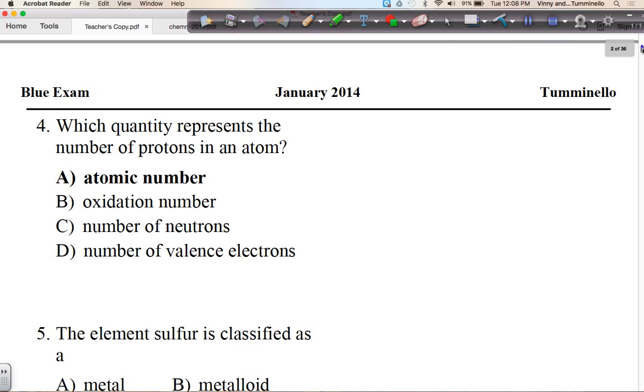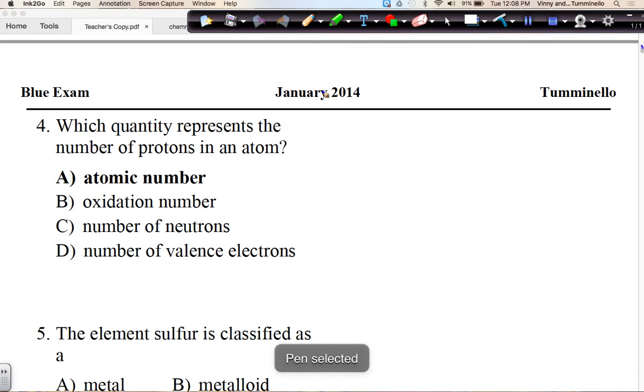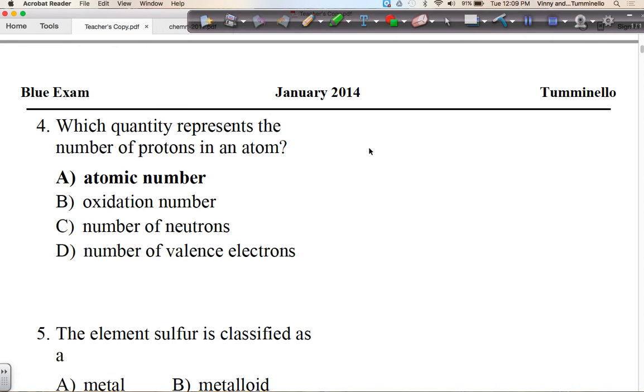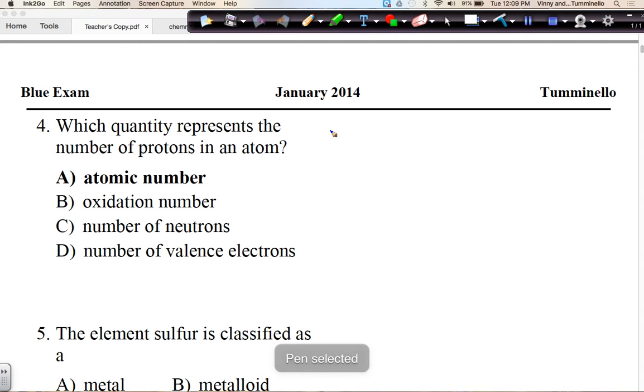Moving on to question number 4. Which quantity represents the number of protons in an atom? That's going to be the atomic number. If we look at any element symbol, I misspoke earlier, the top number, remember, is called the mass number.